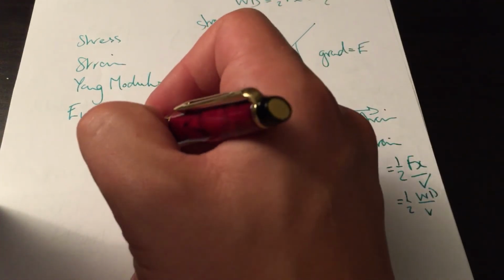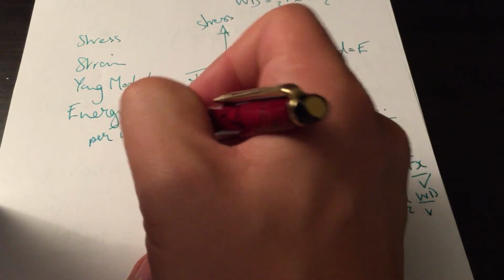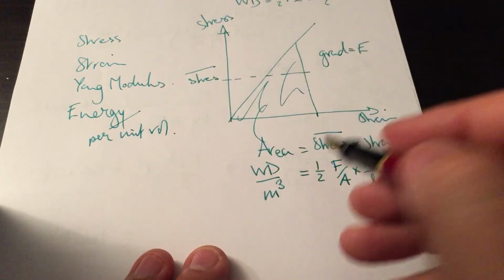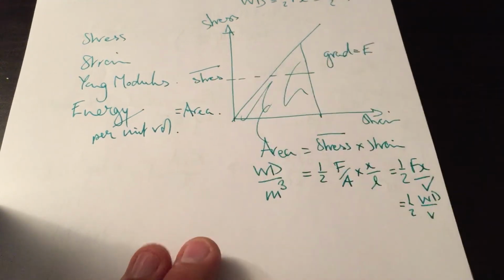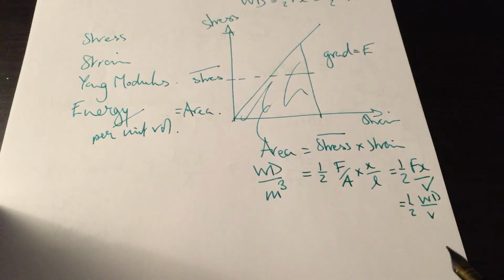So energy per unit volume is given by the area under the graph. So the area under the graph is the energy stored per unit volume.